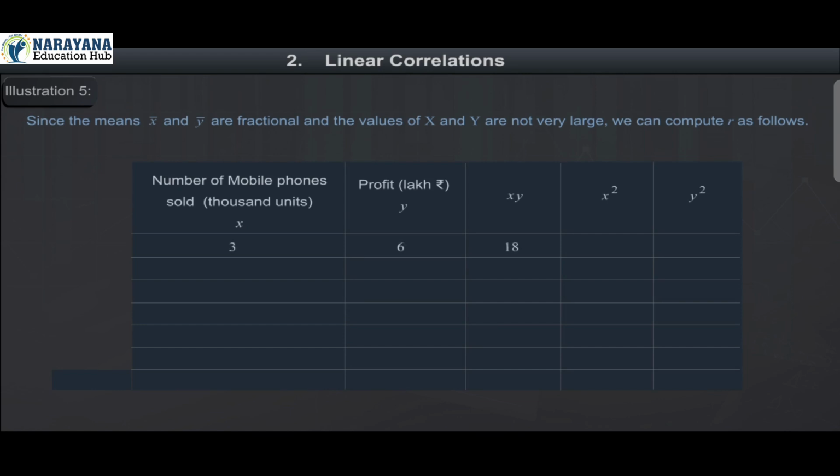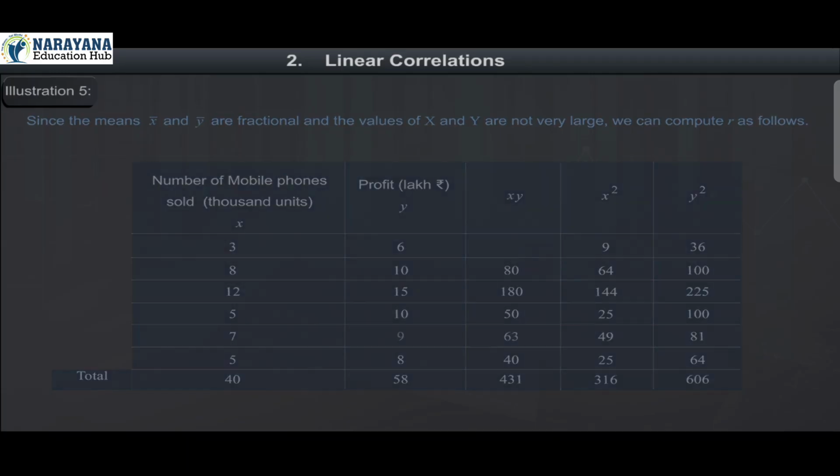The rows are: 3, 6, 18, 9, 36; 8, 10, 80, 64, 100; 12, 15, 180, 144, 225; 5, 10, 50, 25, 100; 7, 9, 63, 49, 81; 5, 8, 40, 25, 64. Total: 40, 58, 431, 316, 606.